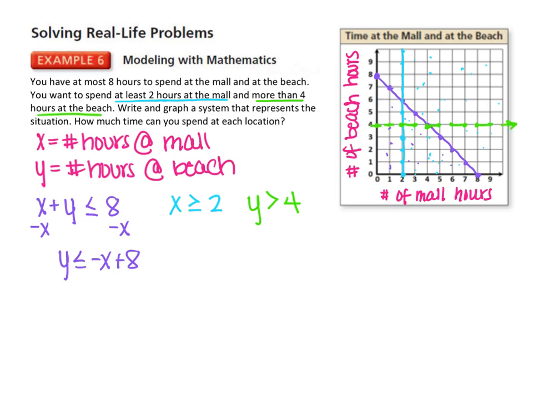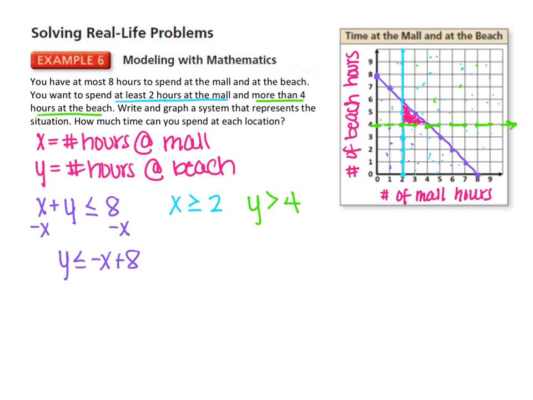And I want it to be greater than 4, so above 4 would be anything up here. This time I see that there is one section that has all 3 colors. And that's this little section right in here. Right? So how much time can we spend at each location?